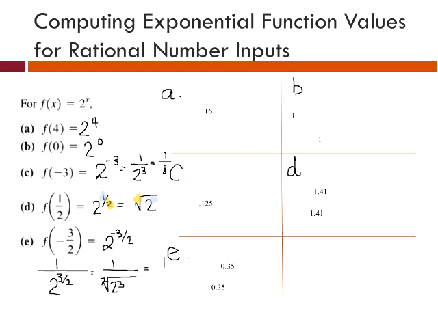So that's the same thing as saying 1 over the square root of 2 cubed, which is 8. So 1 over the square root of 8 is the same thing as 0.35, I believe, as a decimal. All right, any questions with those?